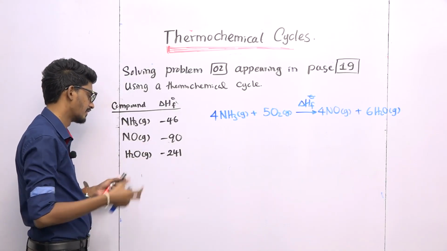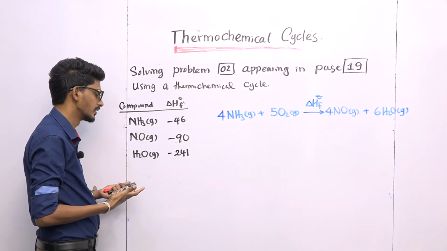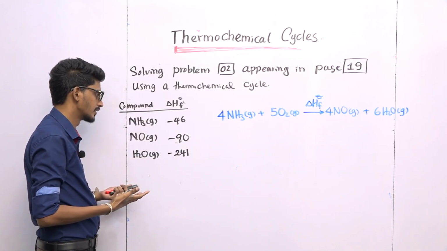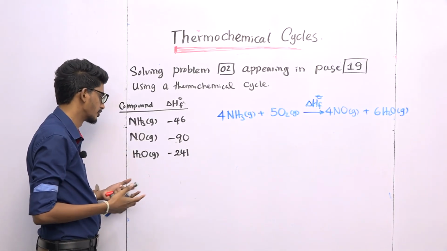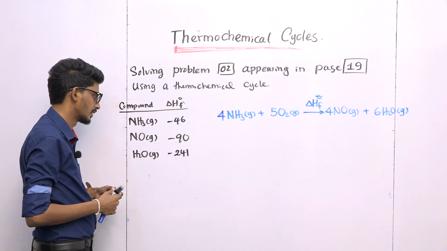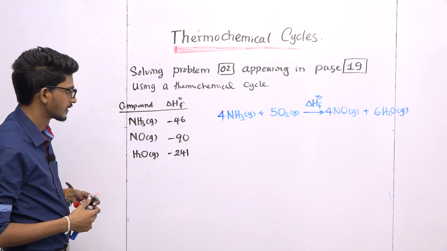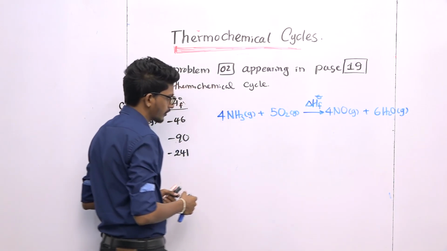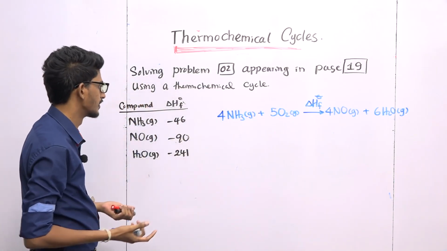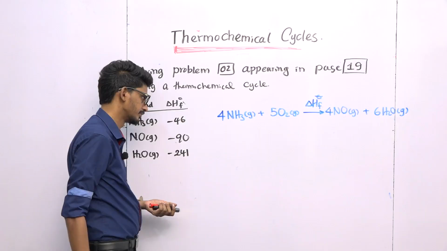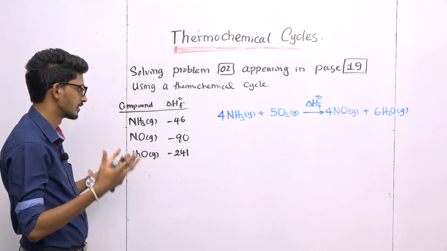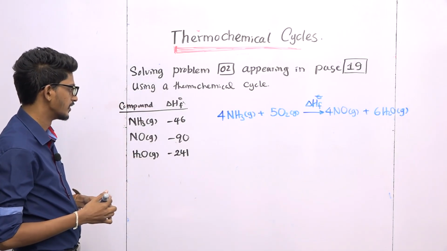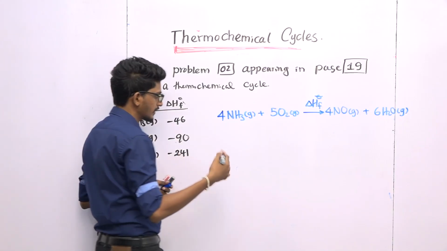That means the 1 mole compounds and the corresponding reference states of the constituent elements should be there. But only the reference state of oxygen is already written, not the reference states of nitrogen and hydrogen in this system. So let's construct the intermediate state with the use of the reference states of those elements.